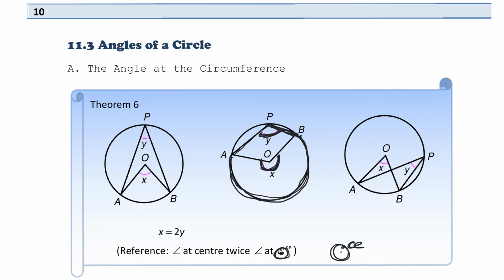We can also have this result, 2y is equal to x. Angle at center is twice angle at circumference. So you need to remember these three shapes and the relationship between the angle at center and angle at circumference. Let's see some questions.